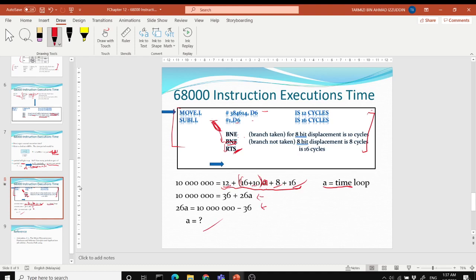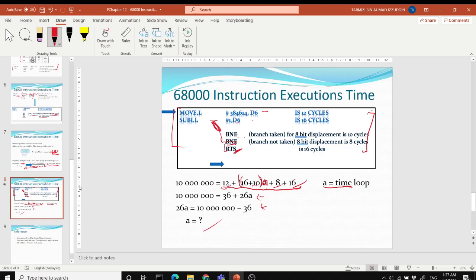This gives the number of loops that is executed within 1 second, provided that during the 1 second period this has not finished executing. If it finishes executing within 1 second, then there's no point in calculating this, correct?